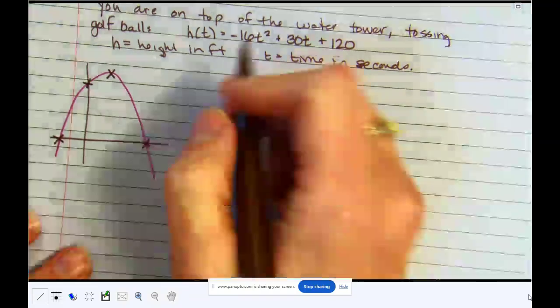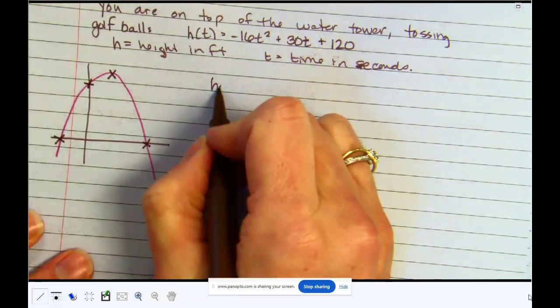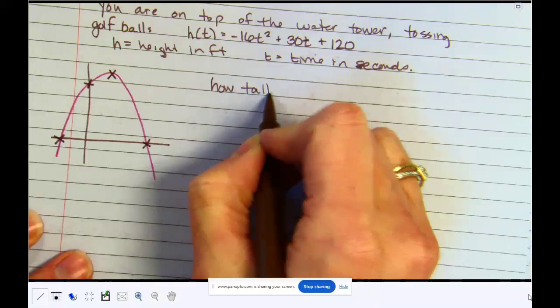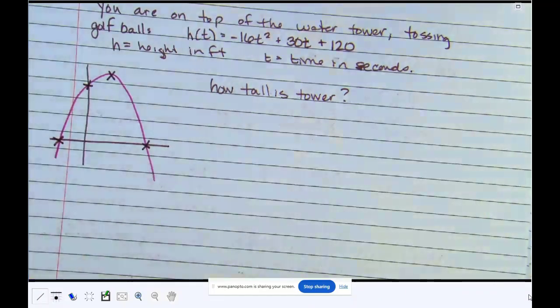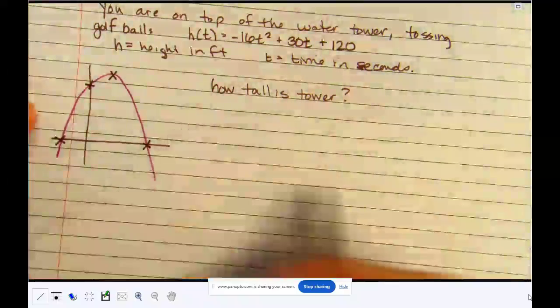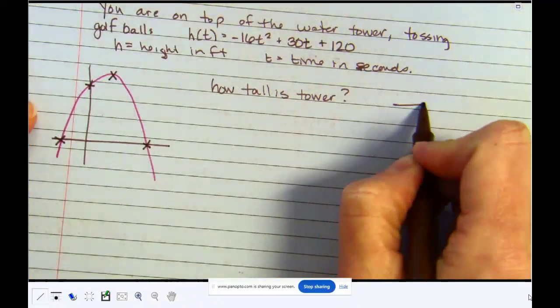So the first question I would like to know is, how tall is the water tower? Okay, this definitely is going to be one where you will have to show your work.